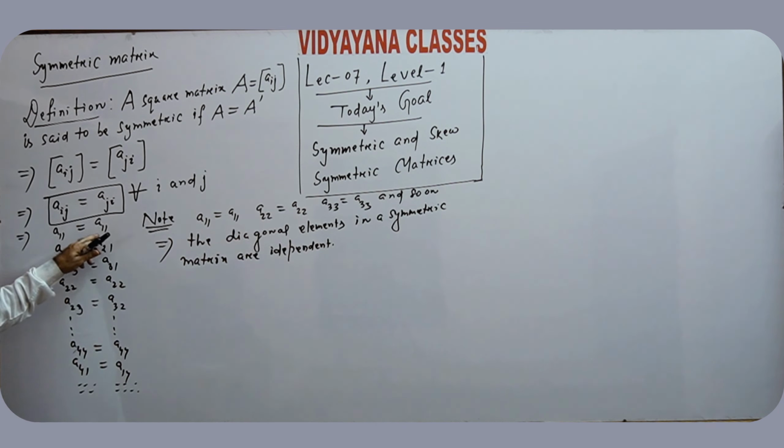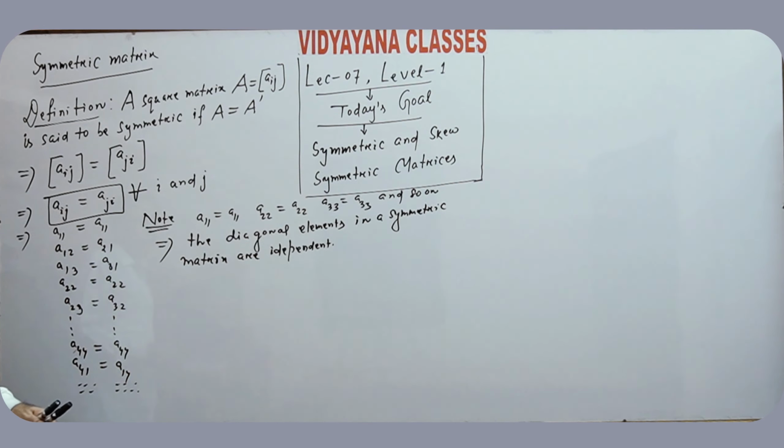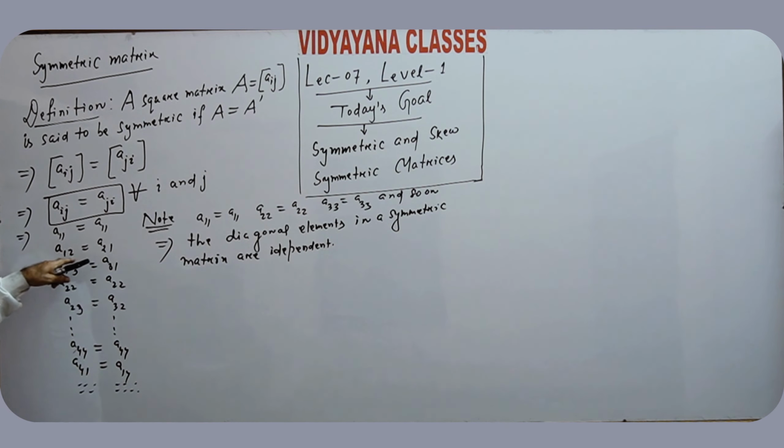A11 is same as A11, A22 is same as A22. This implies the diagonal elements in a symmetric matrix are independent, but A12 is same as A21, A13 is same as A31.